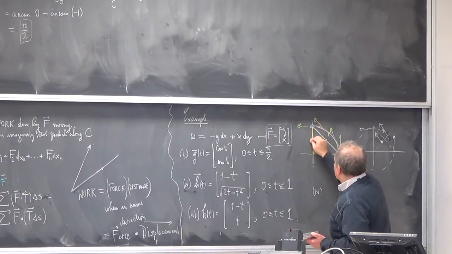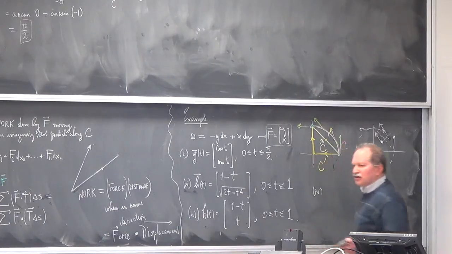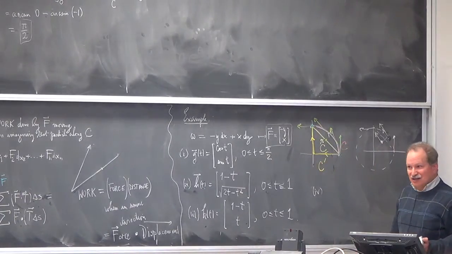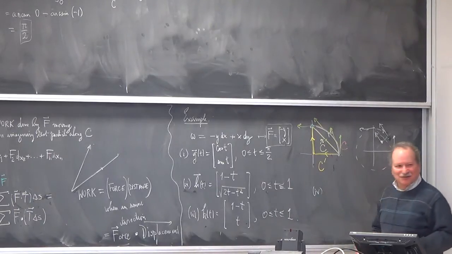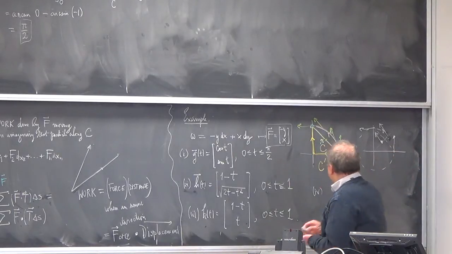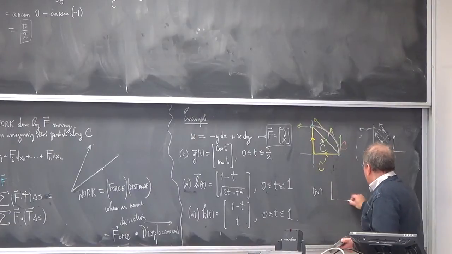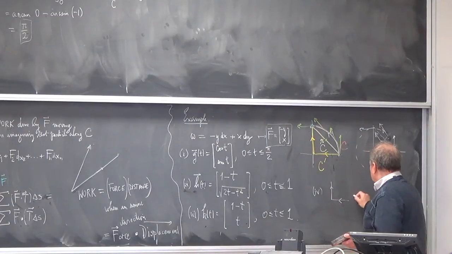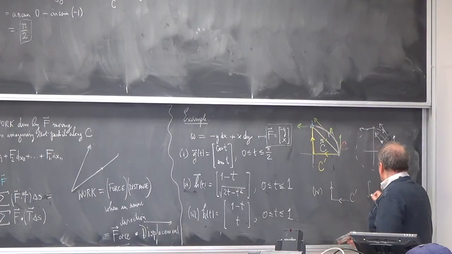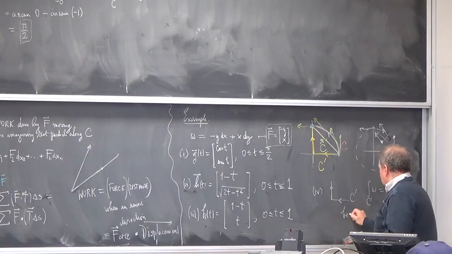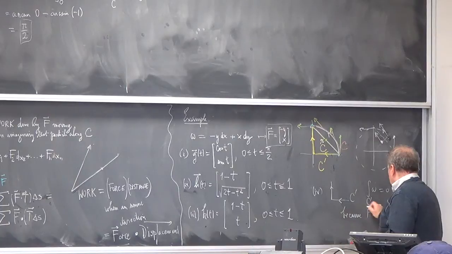So along this path, the net work is 0. The integral of omega on this path is 0 because F dot T is everywhere 0.